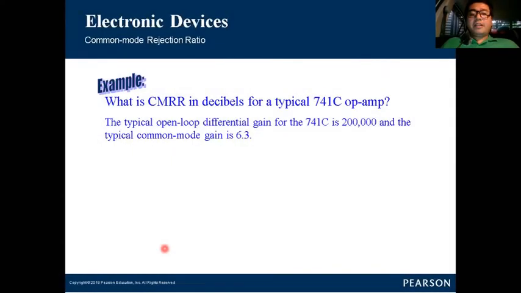So let us have an example for the calculation of CMRR or the common mode rejection ratio. Example, what is the CMRR in decibels for a typical 741C operational amplifier? Actually, itong 741 op-amp na to is a general purpose amplifier or general purpose op-amp.